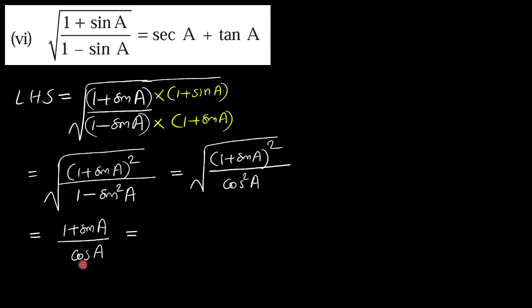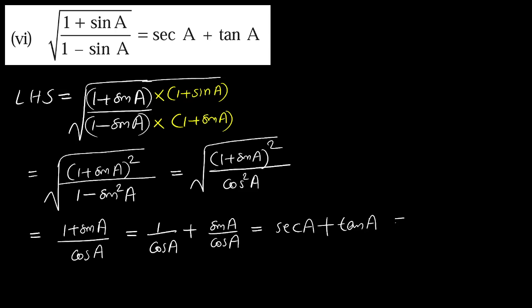The first term by the denominator plus the second term by the denominator. So 1 by cos A plus sin A by cos A. 1 by cos A is sec A, or cosec as written in the question, and sin A by cos A will be tan A. This is RHS. So LHS equals RHS. All of you please write it down. If you are okay, raise your hand.